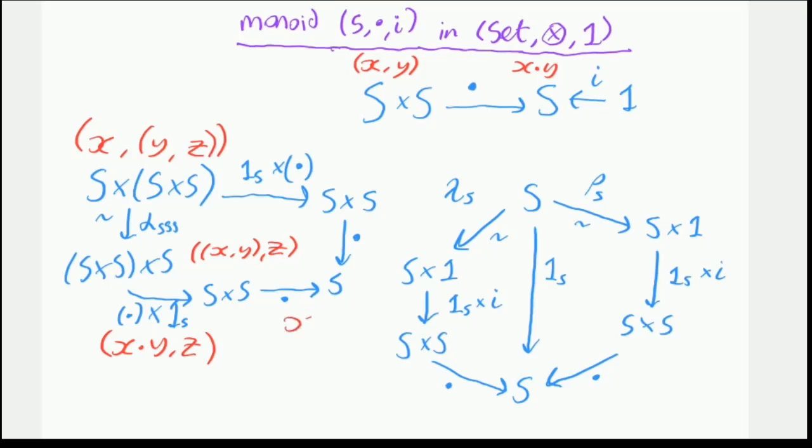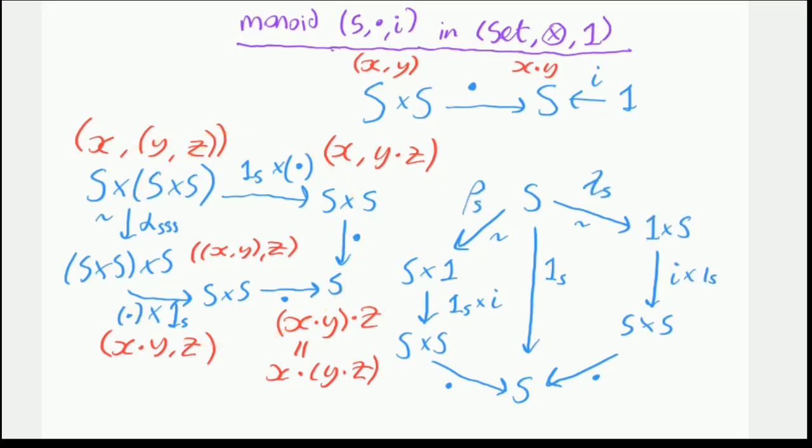So we get X dot Y dot Z. That's what we get going this way around. Going the other way around, we get X, comma Y dot Z. Now doing dot on that should give us something equal if this diagram commutes. And so we should get that what I've already calculated is equal to X dot Y dot Z. So yes, this diagram here gives us associativity.